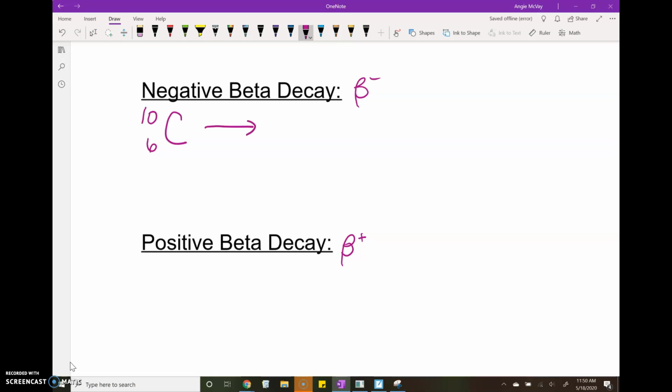All right, so in a beta minus decay, there's a beta particle that's emitted, and we represent that with 0 nucleons and the equivalent of -1 proton.